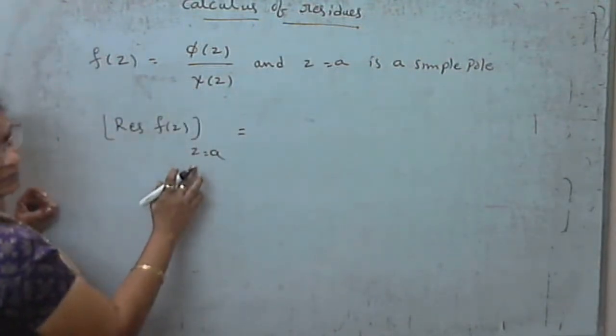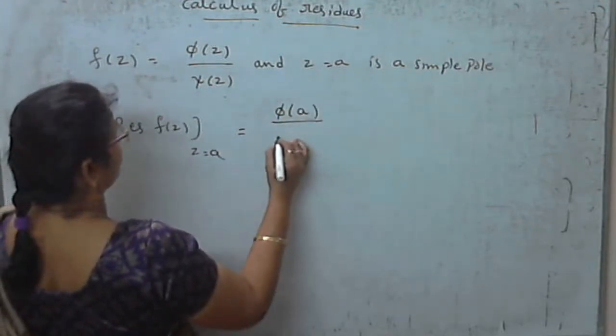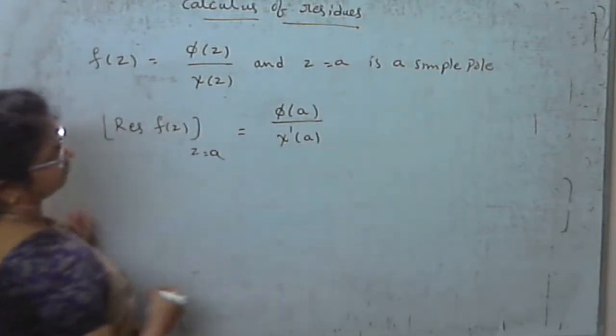Residue of f of z at z equal to a is pi of a by psi dash a.